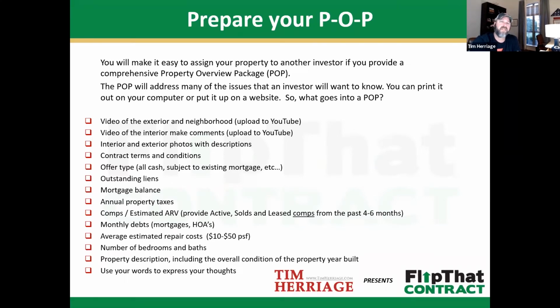So say you've got a house that's a 3-bedroom, 2-bath with no garage, no carport, and now it's 1,800 square feet. And then all your comps are 1,400 square feet, and they're all 3-bedroom, 2-bath, 2-car garage houses.